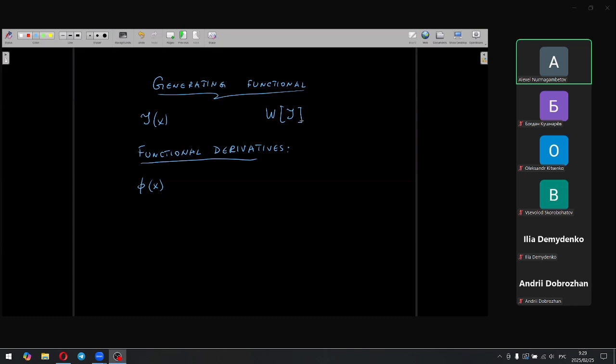The main rule of functional derivatives comes as follows. If we have the external source at point y, then the functional derivative of this external source at point y over the external source at point x will be equal by definition to the delta function of x minus y.